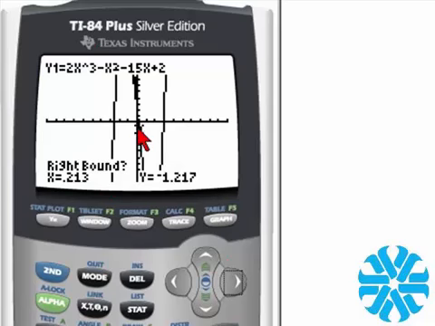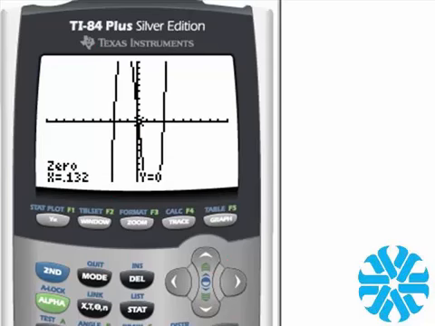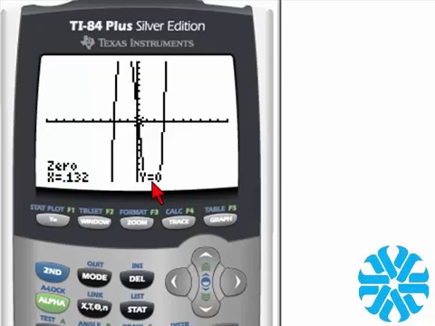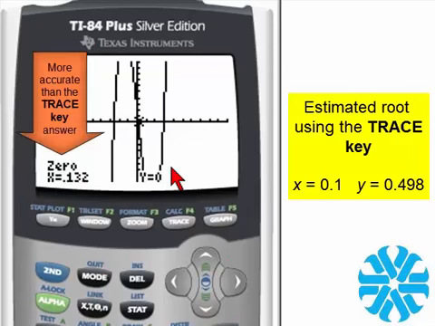It's to the right of the intersection point, so we'll select enter, and select enter for the guess. And here's our other root. It occurs where x is equal to 0.132, and there it's showing y is equal to 0. Recall for the trace key video that the estimated root is being shown to the right.